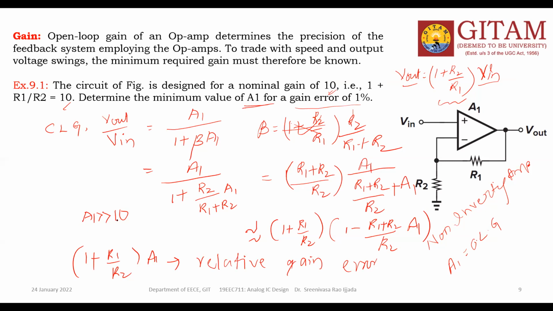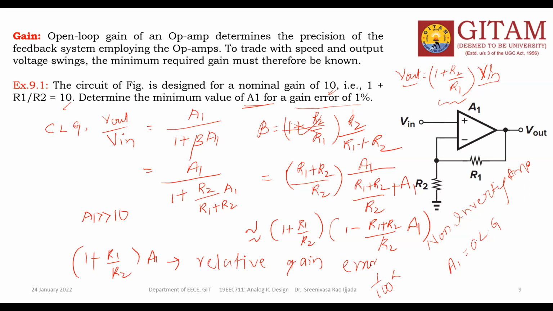A1 should be far greater than 10. So for 1% of error, you can write 1% of error means 1 by 100. 1 by 100 should be less than this factor.